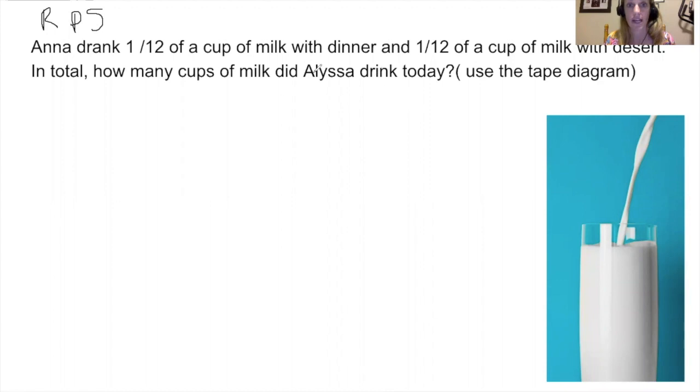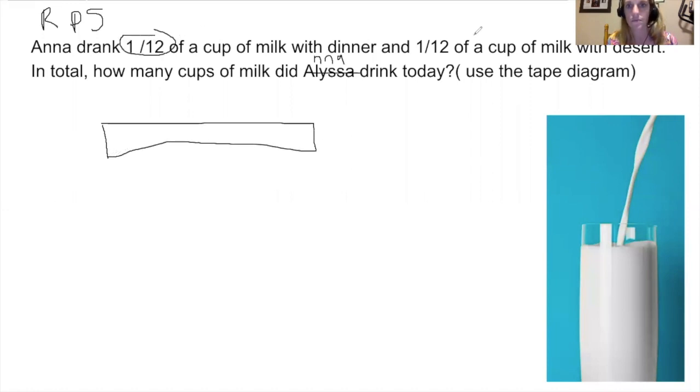Sorry, this should say Anna. Let's use the tape diagram. So how many pieces am I going to split it into? Well, my two fractions say 12. So let's split it into 12 pieces.